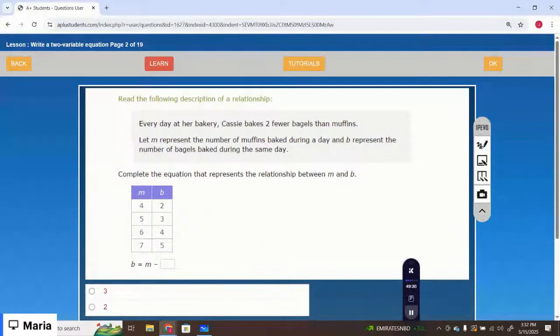Complete the equation that represents the relationship between M and B. Four minus two is two.